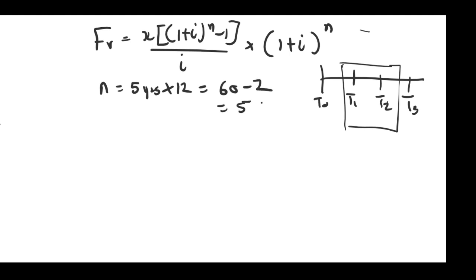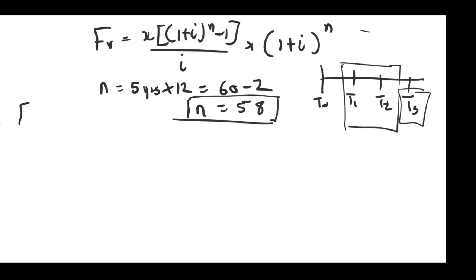So you're going to have 58 payments, because it's before T3, just within 3 months. So we are going to exclude that T3, so n is equal to 58, and then everything else we know.